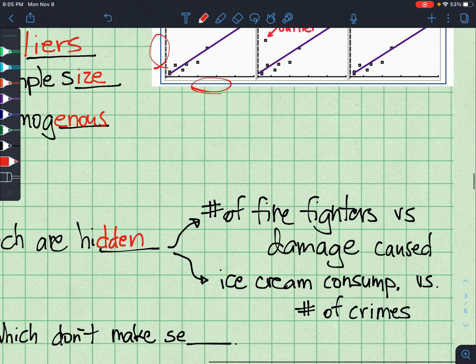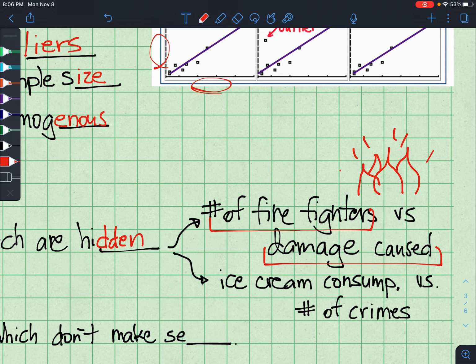So here's a couple of examples. Number of firefighters versus the damage caused at a fire. When we look at some building going up in flames because of a fire, then we look at how many firefighters show up versus how much damage is caused.